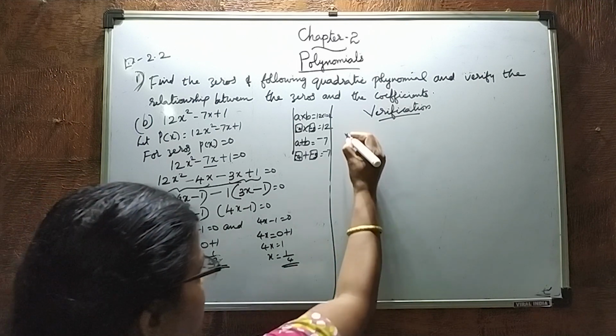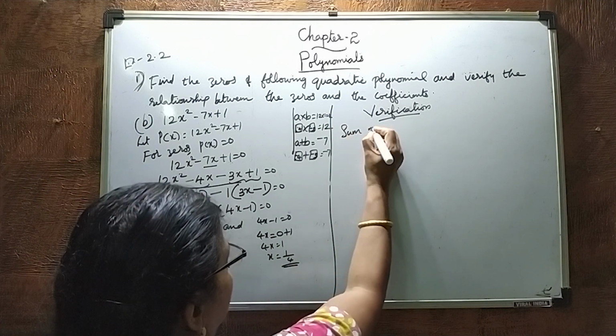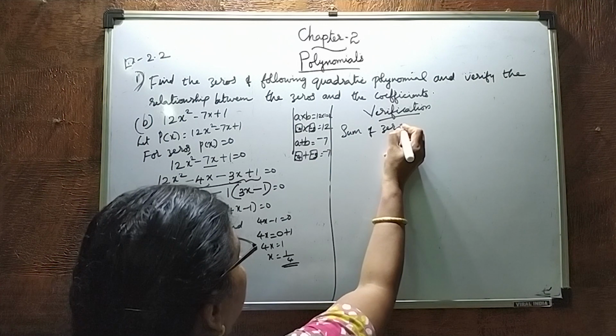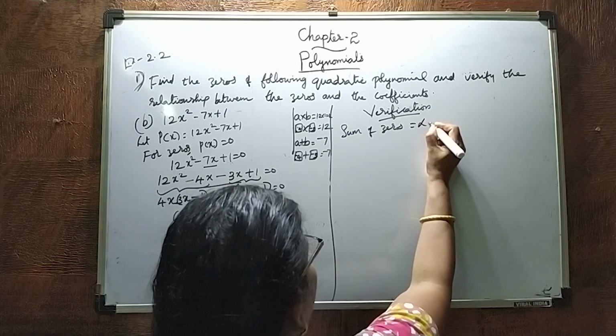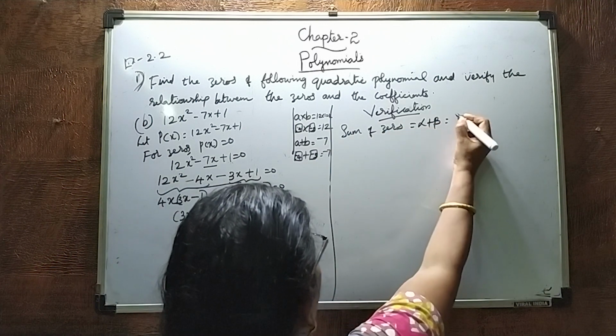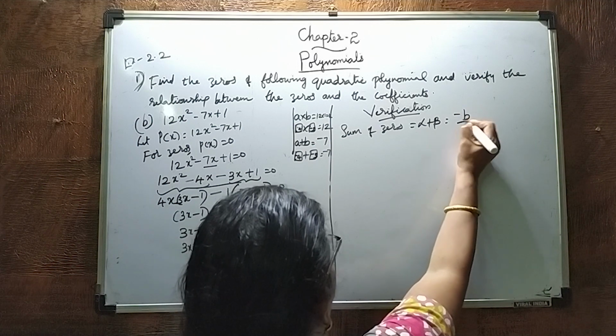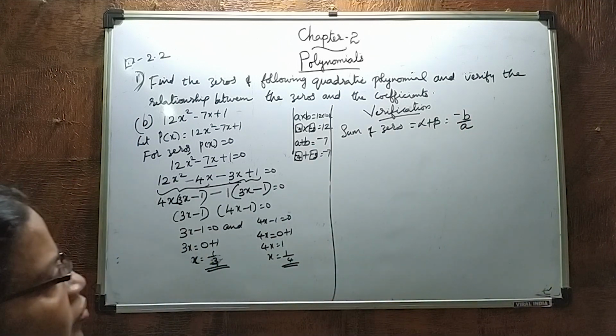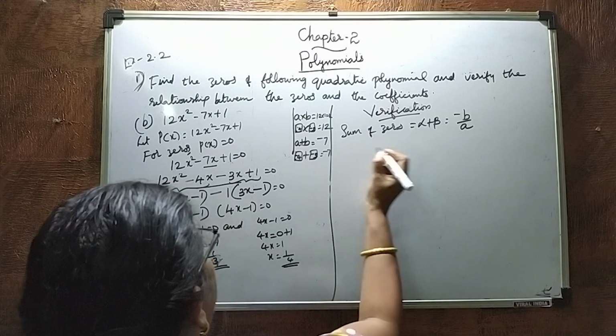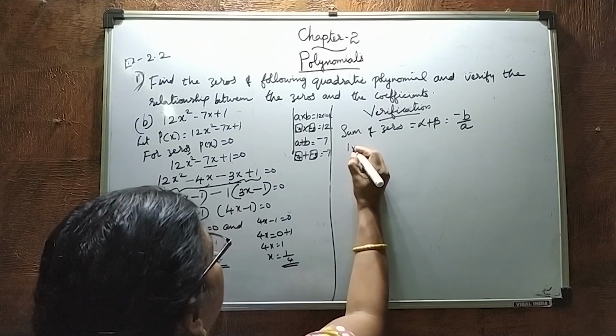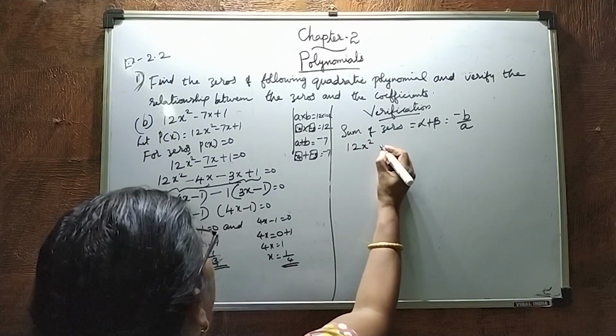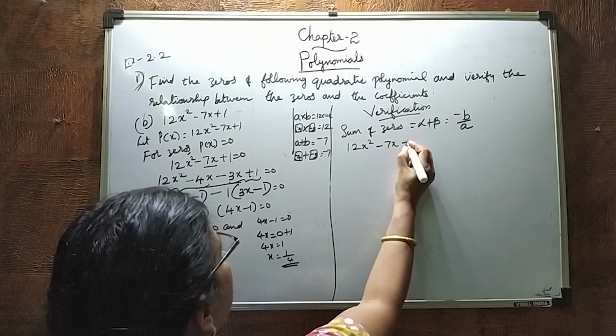So for the verification, sum of zeros is equal to alpha plus beta equals negative b by a. So we will find out what the first one is. It is 12x square minus 7x plus 1.